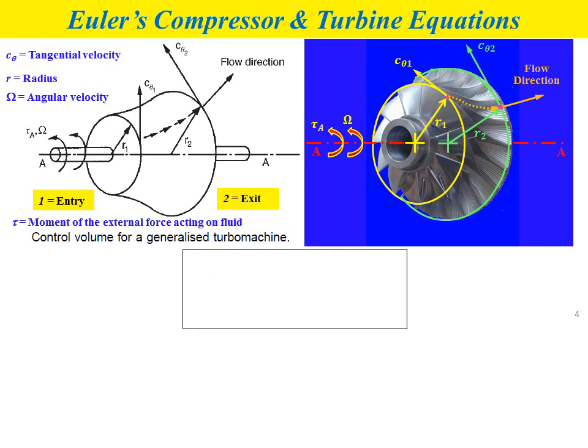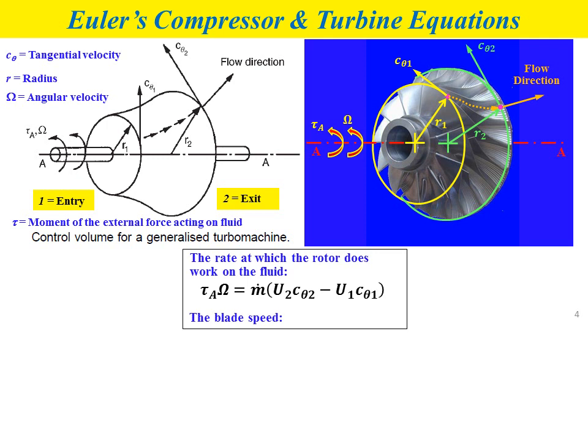So based on the momentum equation, we get the rate at which the rotor does work on the fluid, which refers to the compressor, where tau omega equals the mass flow rate multiplied by the component of velocity difference, which consists of the blade speed u, which is equal to omega multiplied by r, the radius of the rotor at the inlet and also at the outlet.